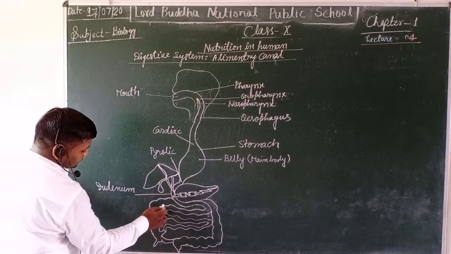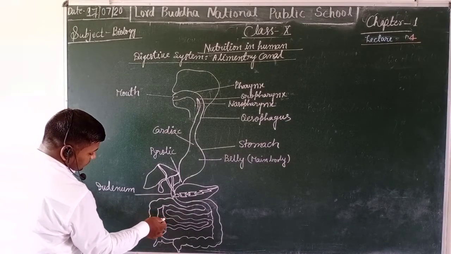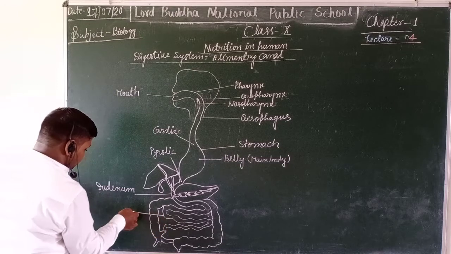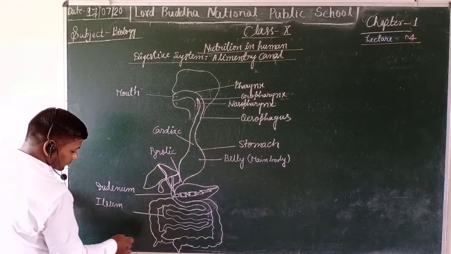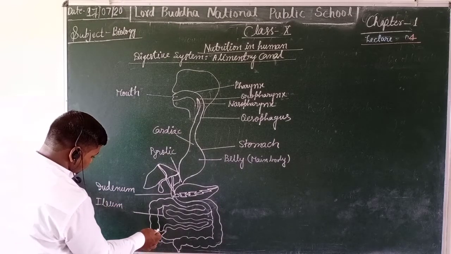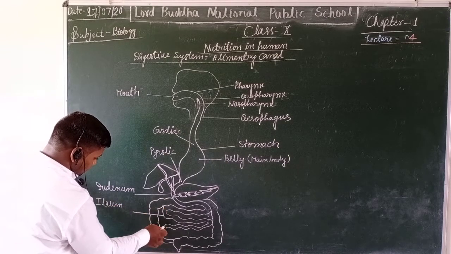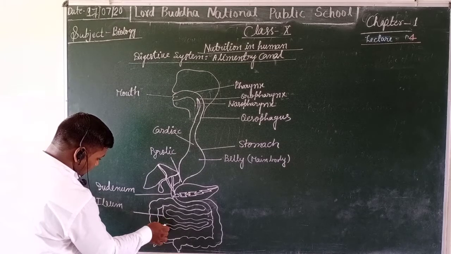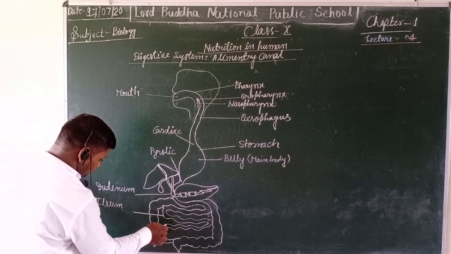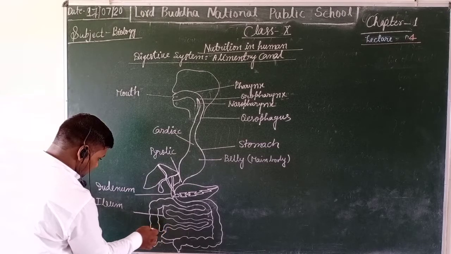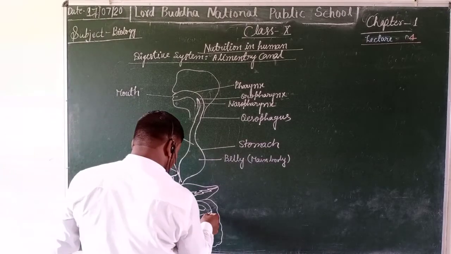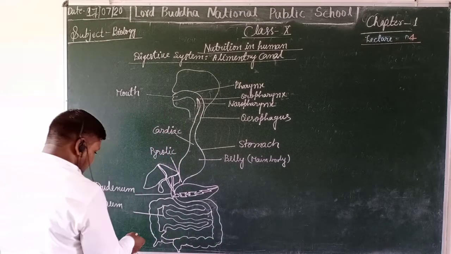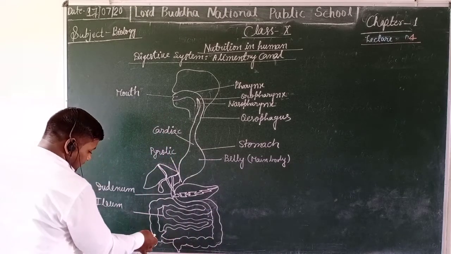After the duodenum, the second part is the ileum. This is the large intestine.